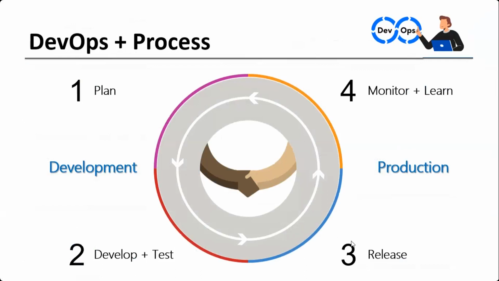Then move to release, which involves deploying the application to the production environment. This is to ensure that the tested and validated code is made available to the end user. In DevOps, releases are often automated to ensure consistency and reduce the risk of human error.